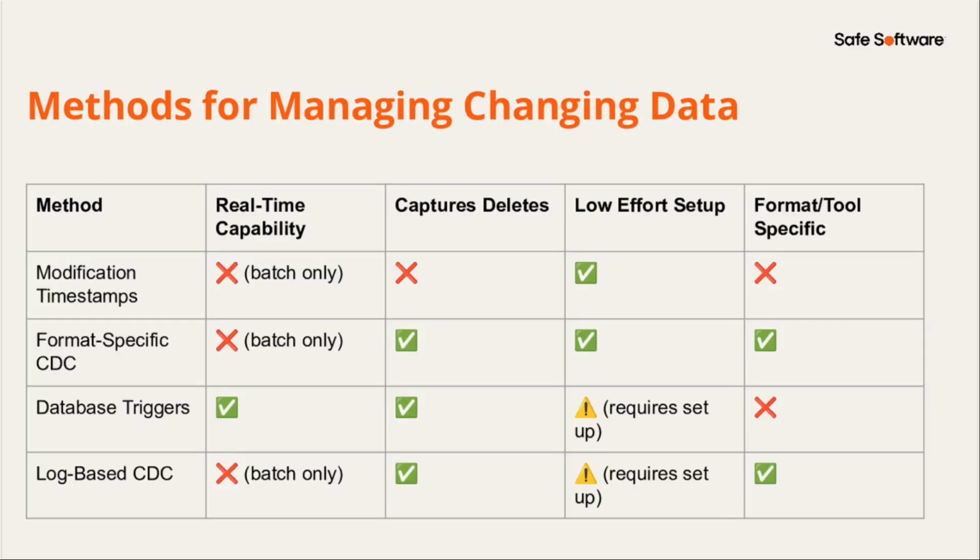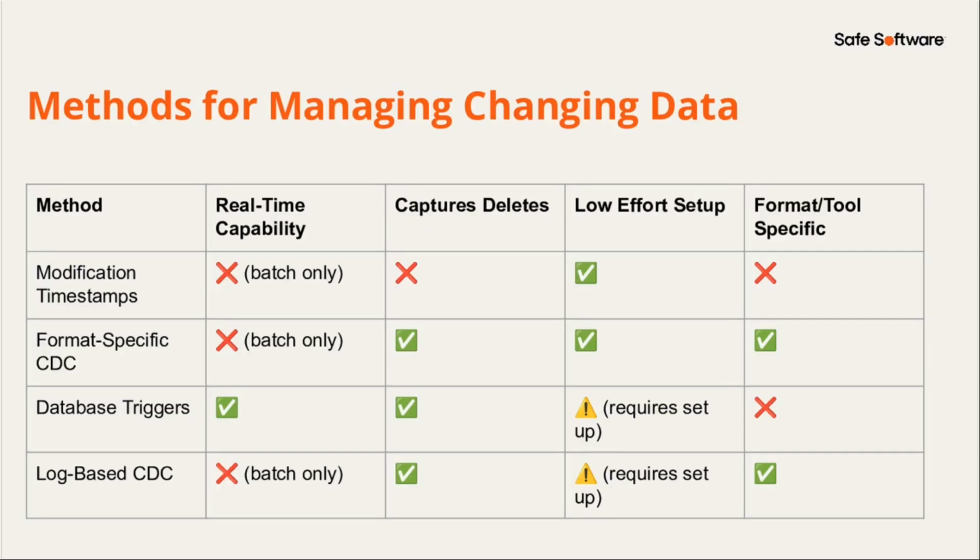Comparing these different methods, what's the difference between them at a high level? What are the benefits of each? Real-time capability is only going to be for the database triggers, since that's going to be triggering a webhook in real time when those changes are made to a table.